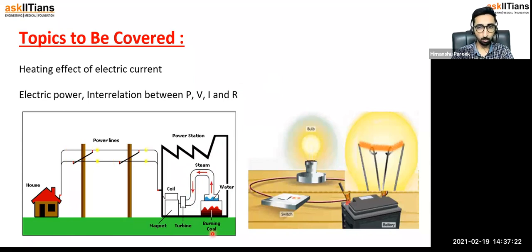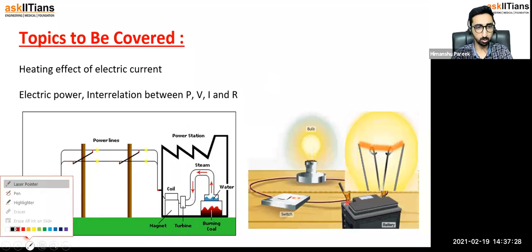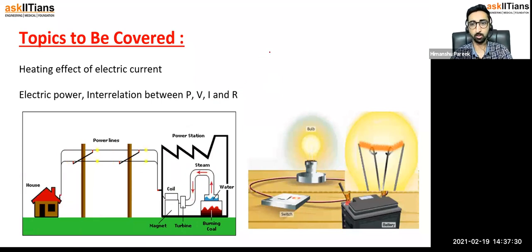This is one of the important topics from your board exam point of view, as well as if somebody wants to go for Olympiads or such types of examinations in future like JEE and NEET. Because this topic is important, many times you'll get questions from here in a tricky way, and many questions are exactly related to real life, like the electricity bills which you see.